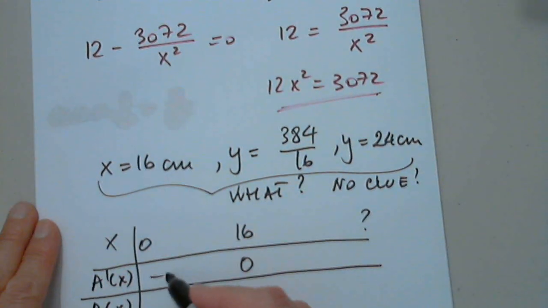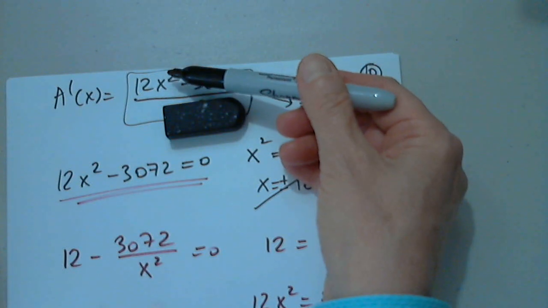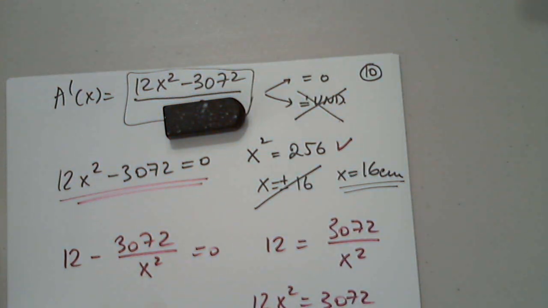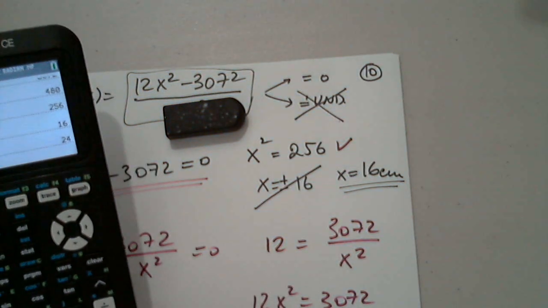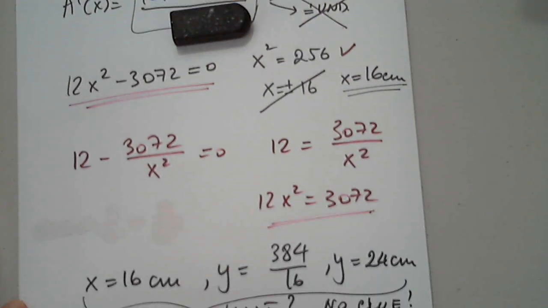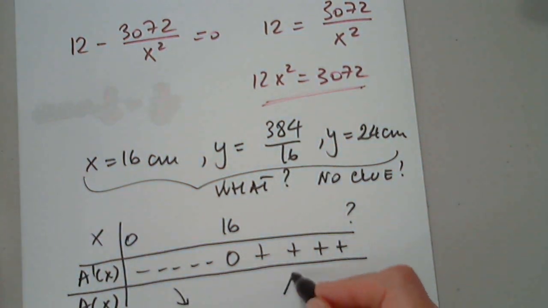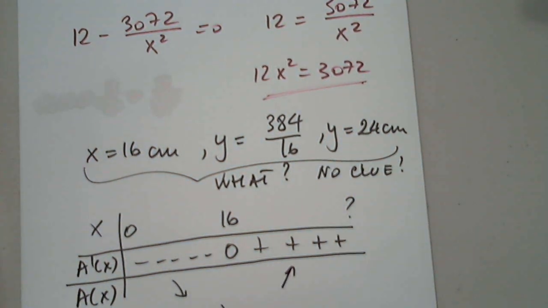With 0 it is definitely negative. With 20, 12 times 400, yes, it's over that. Positive. So now I know this is definitely the minimum. What is the minimum? I don't know.